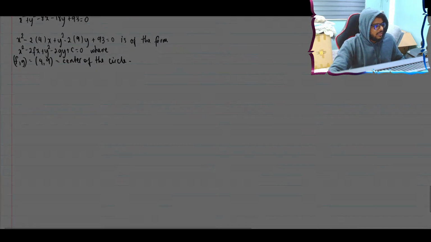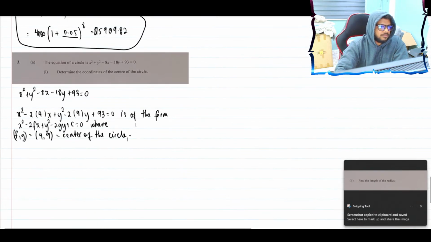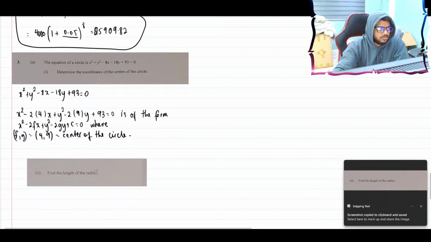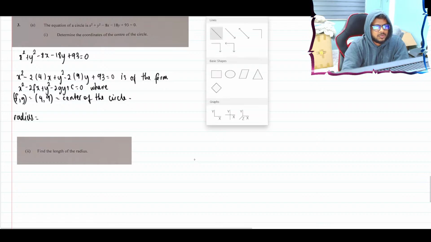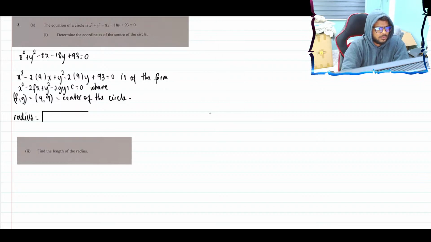Find the length of the radius. Alright, so this is part 1, part 2. I am going to write back all my statement. And the radius is equal to the square root of f squared plus g squared minus c, which is the square root of f squared plus g squared minus 93.